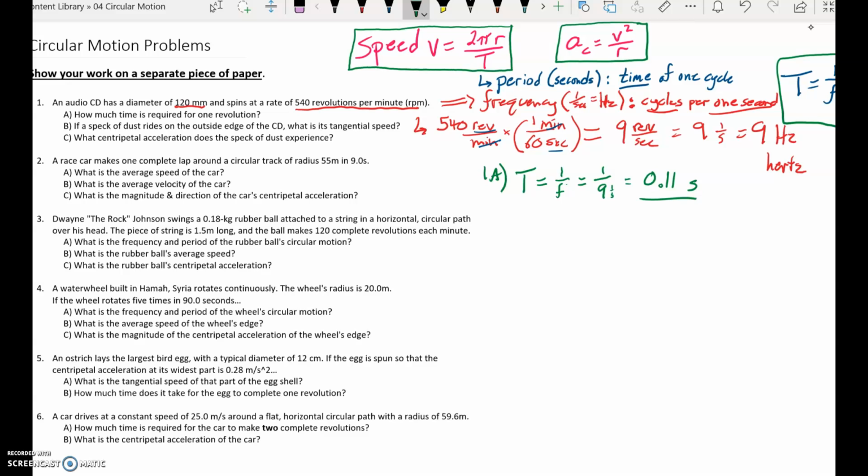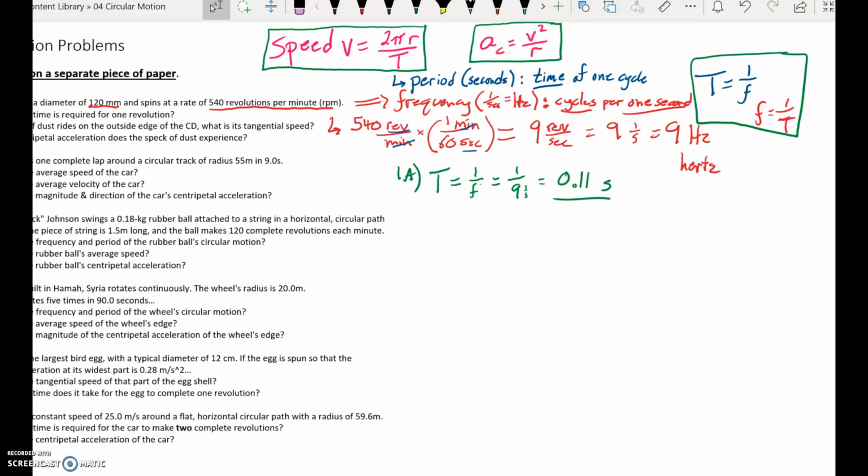Alright, so as you go through your homework problems, you'll get some experience working with frequency and period. Recognizing period is the time of 1 cycle, and frequency is how many cycles happen in 1 second.